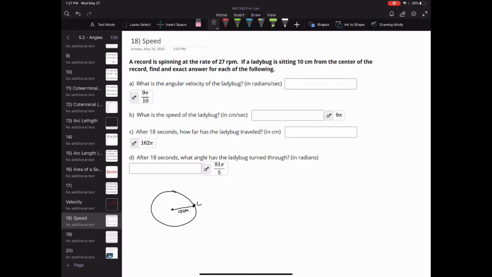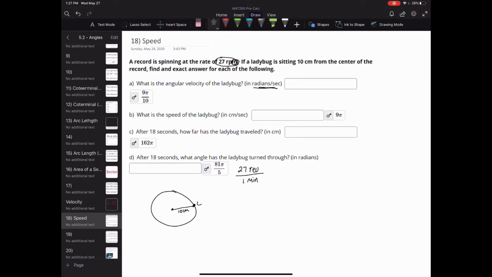So remember, it's spinning at 27 rotations per minute. But notice how they said they want radians per second. So the first thing I'm going to do is change the minutes to seconds. So I'll just do that on the side over here. 27 revs per 1 minute. Per just means like fraction. You could think about it like that.